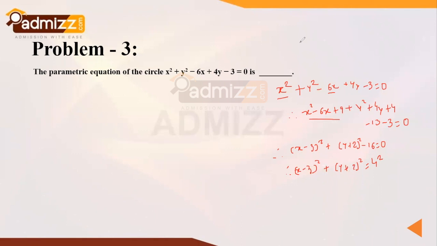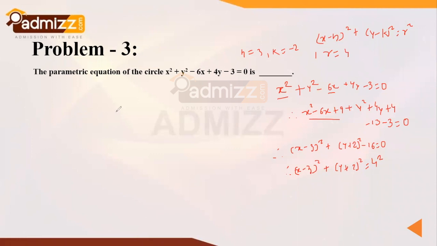But as and when the standard equation of circle is to be considered, we have (x - h) the whole square plus (y - k) the whole square equals r square. So this minus k equal to 2, so k equal to minus 2. So we have the value of h to be 3 and k to be minus 2, and we have the value of r, the radius, as 4.